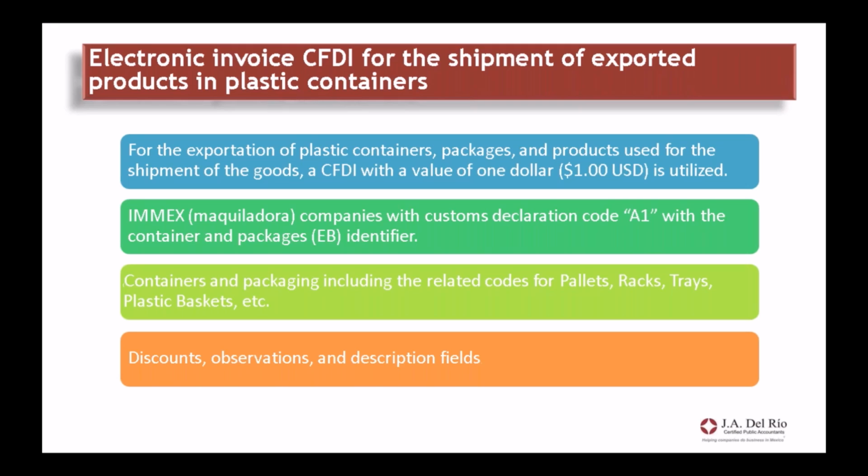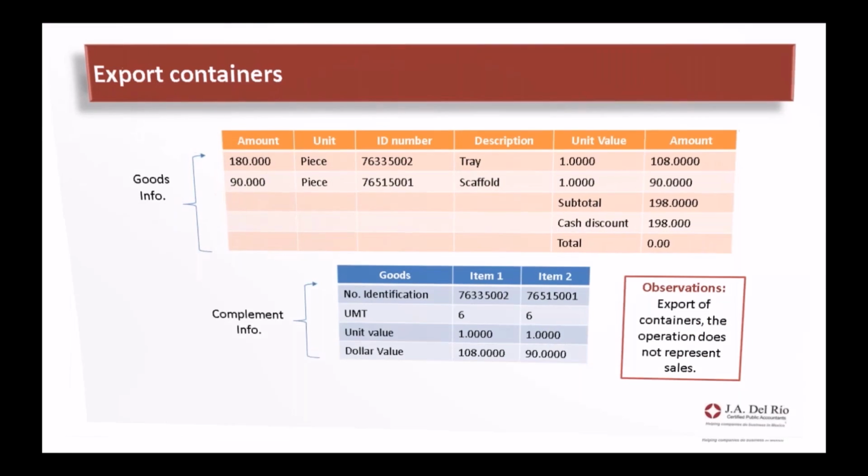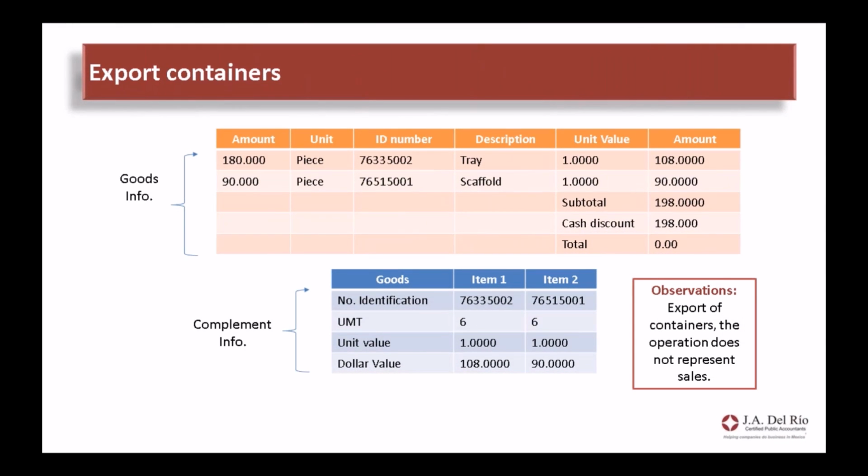So this electronic invoice tells us that when we are making this exportation, we need to consider the value of these packages as $1. As we can see here, the value is just $1, and it's multiplied by the amount of items that we are exporting for these concepts. And at the end, it will be the same: we have to apply a cash discount for the total amount of this operation because, as we have mentioned before, this is not a sale. Correct.